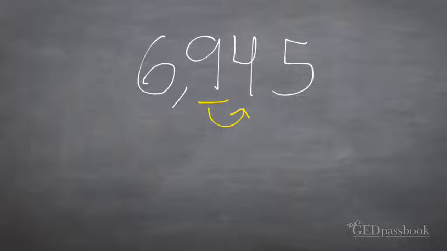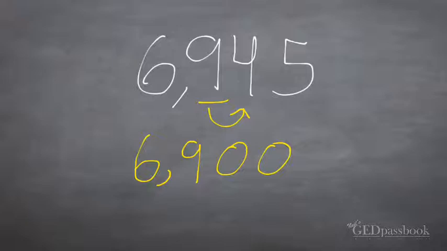Keep the same. So 6,900. Because that 4 told us to keep the 9 the same, there's no need to jump forward and do anything. But remember, everything to the right will always become 0. That's always going to be the case.